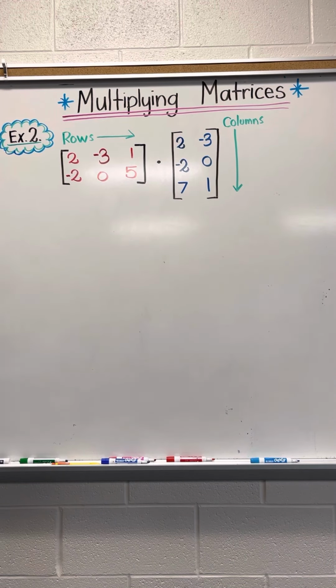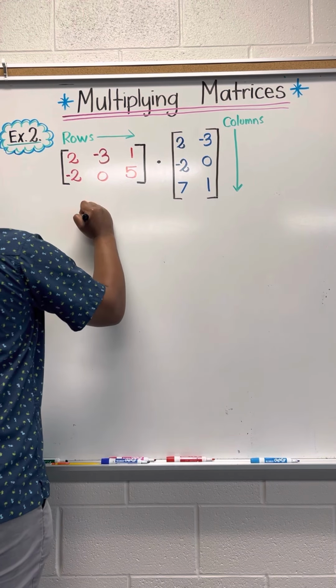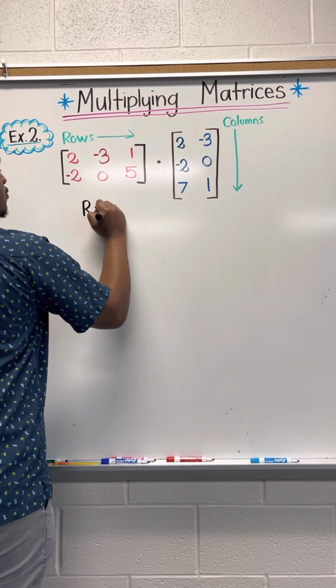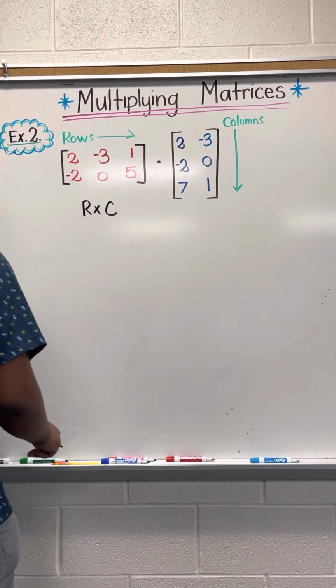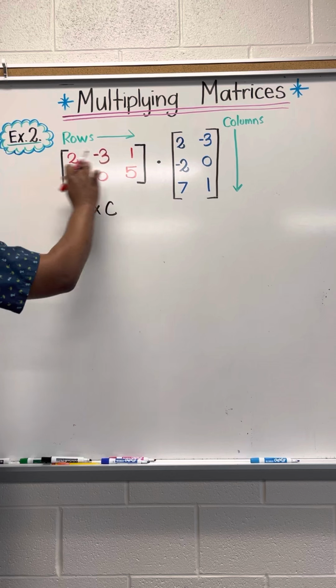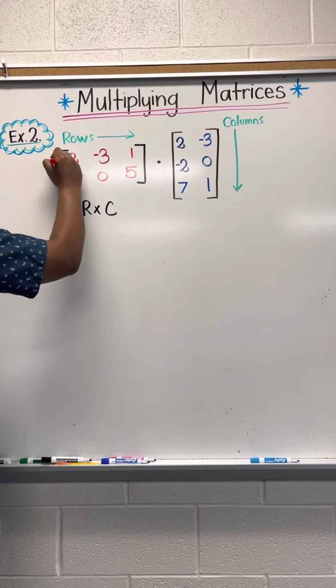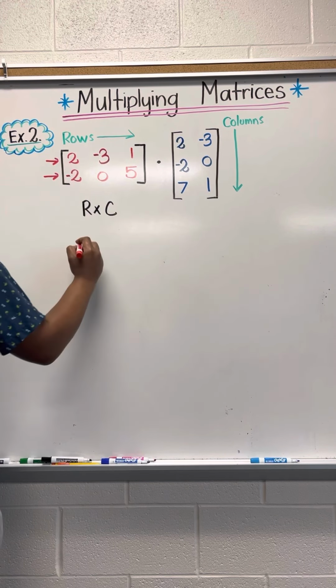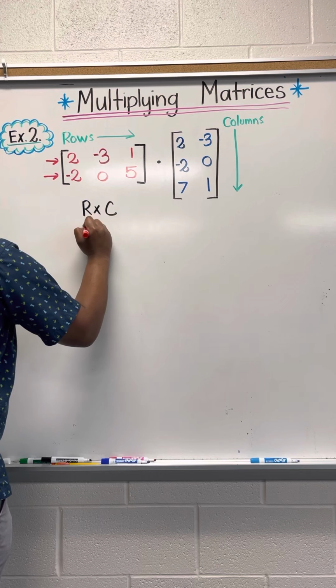So let's do that real quick. Let's do the first matrix, rows to columns. This first matrix, ladies and gentlemen, has 2 rows.